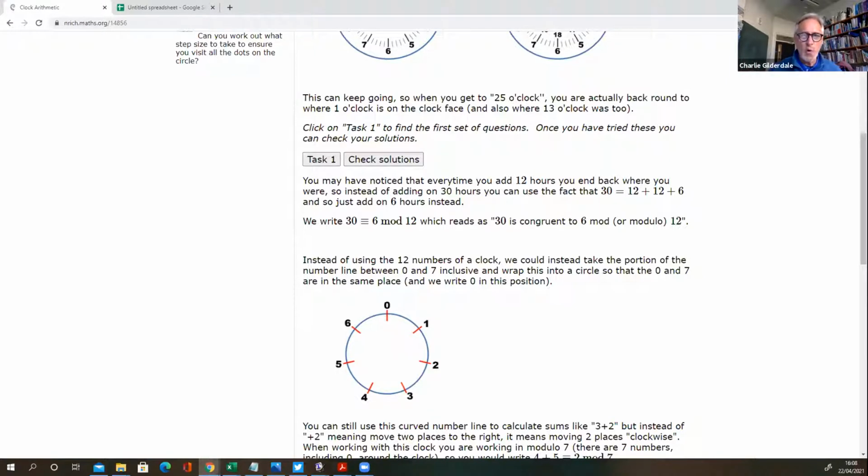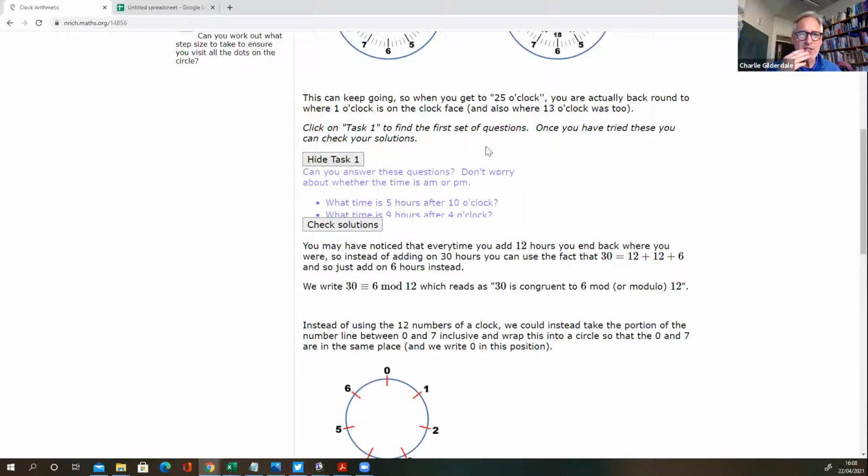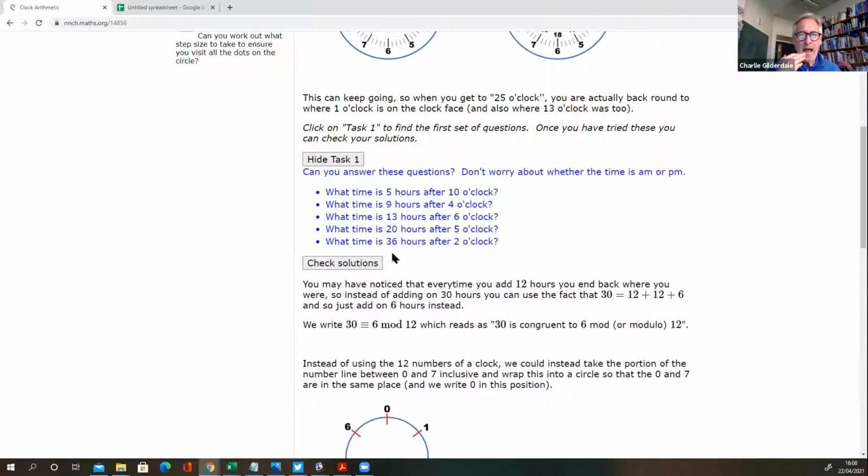So in task 1, could you click on task 1? Let's think about the 4th bullet point as an example, a representative of what's here. What time is 20 hours after 5 o'clock?